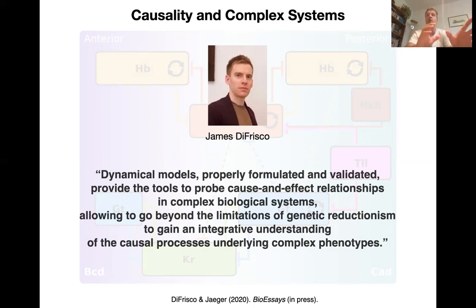So not only a parts list, but a processual understanding of what the system does and also what the system can do to a certain degree.